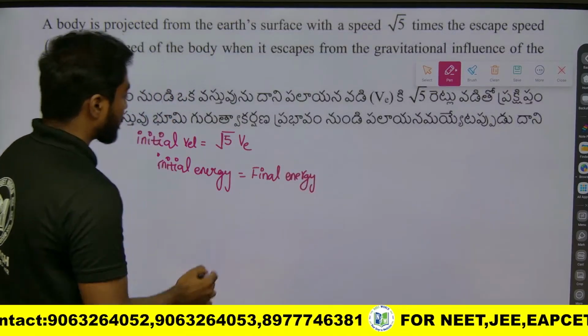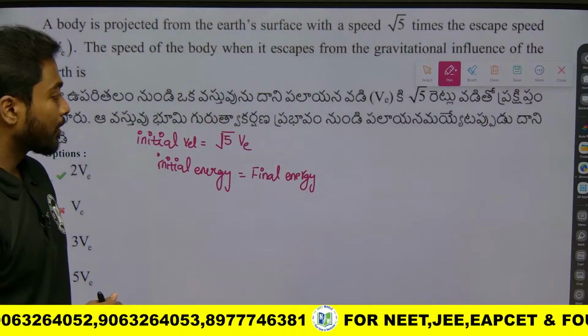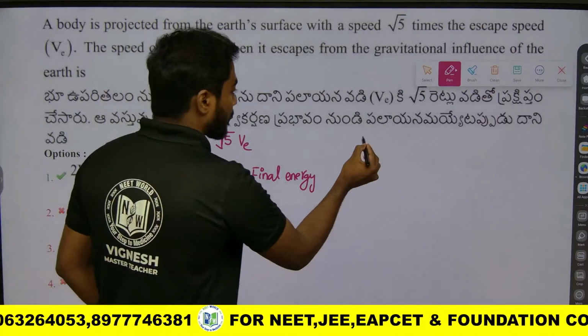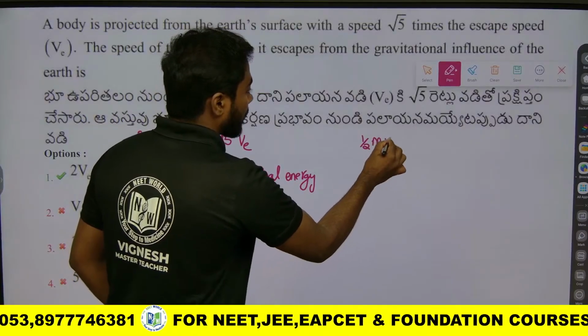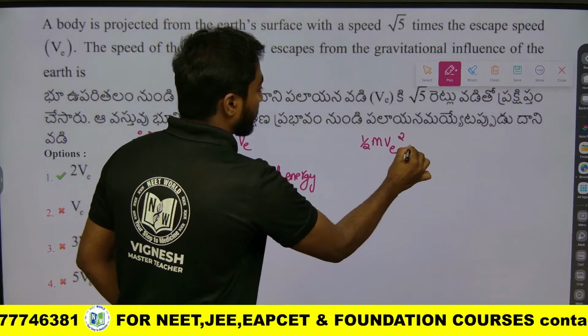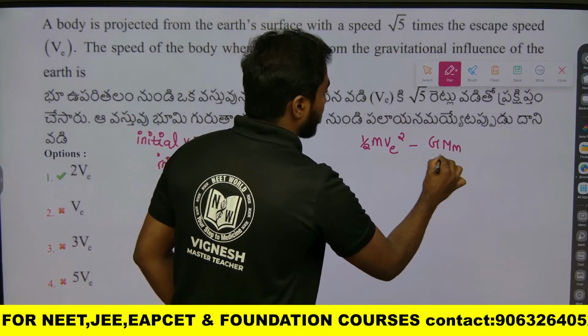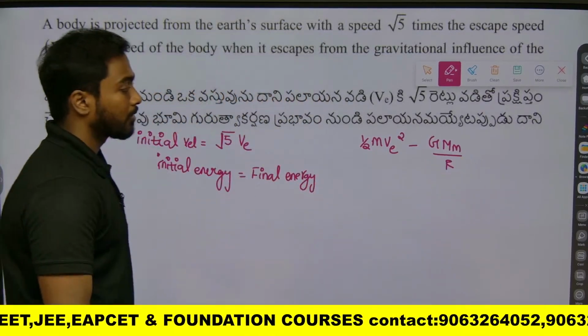Okay, first let me find the initial energy of the given question. So the initial energy is nothing but half m V square minus the potential energy, G capital M small m by R. Okay, this is the initial energy.